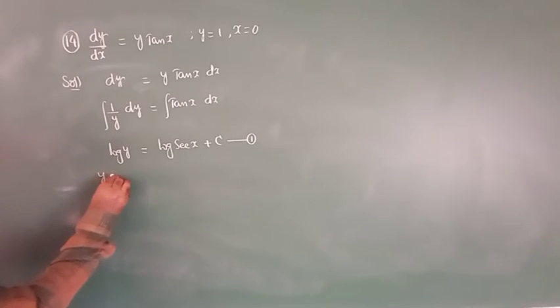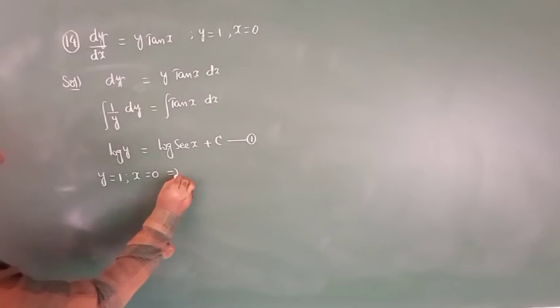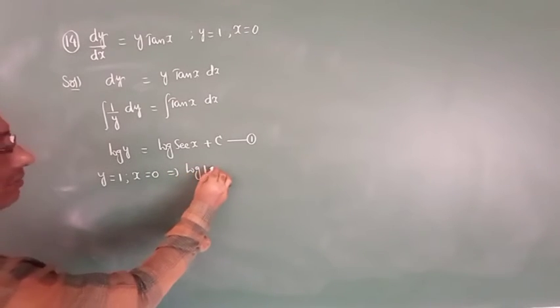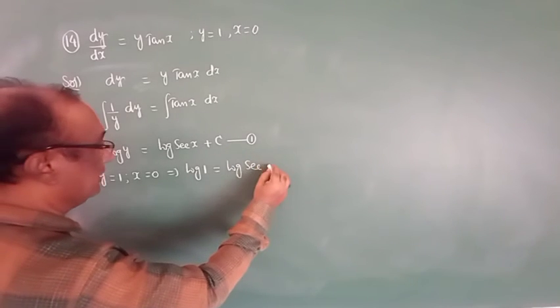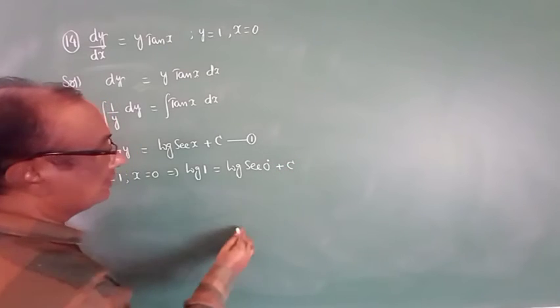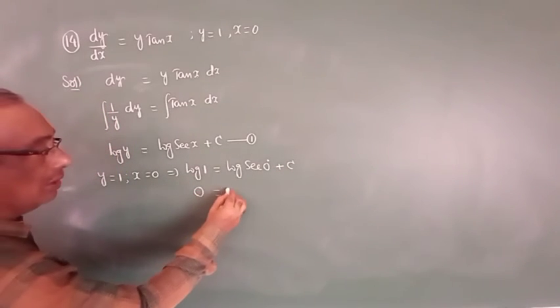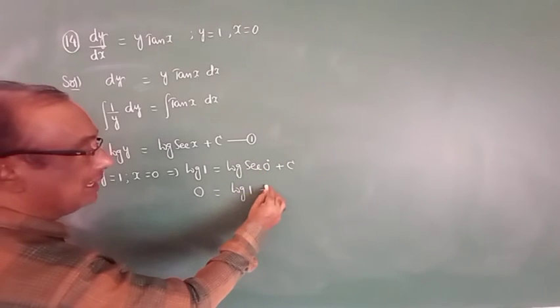y is equal to 1, x is equal to 0, substitute. Log of 1 is equal to log of secant 0 degrees plus c. Log 1 value is 0, log of secant 0 degrees is log 1, which is 0, plus c.